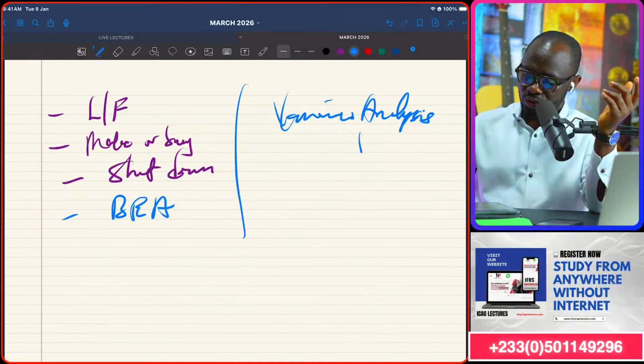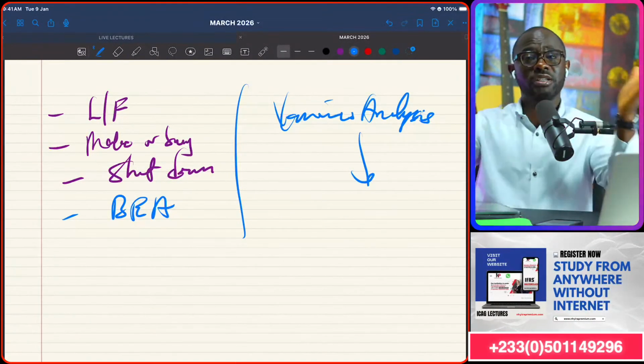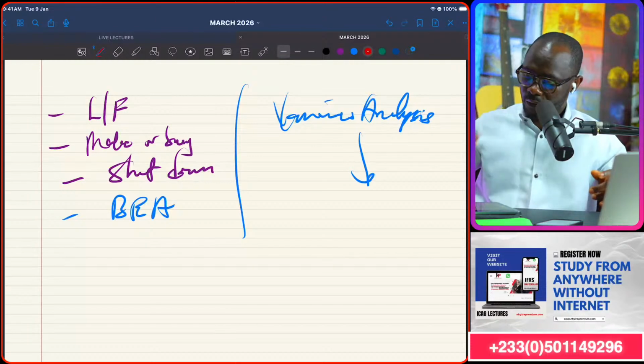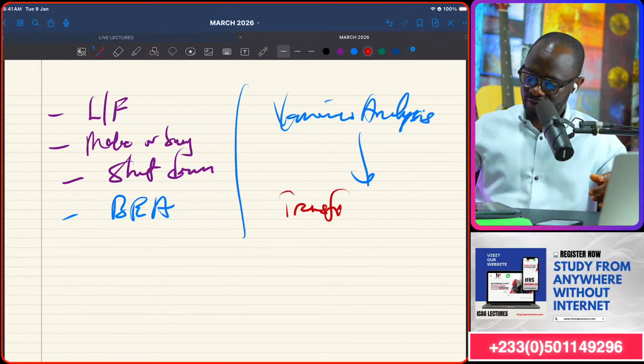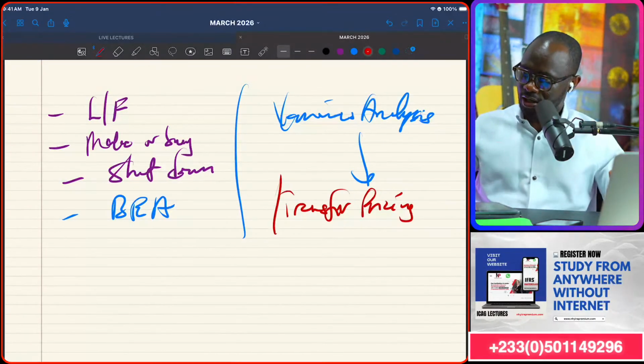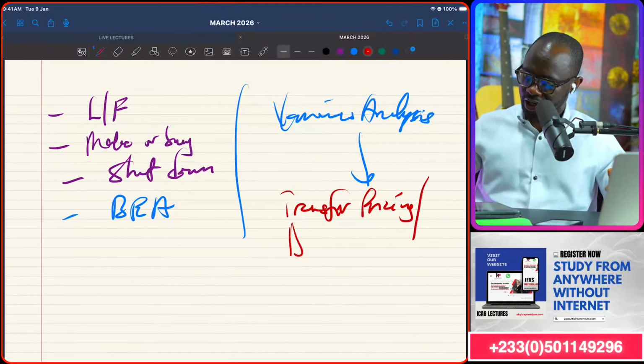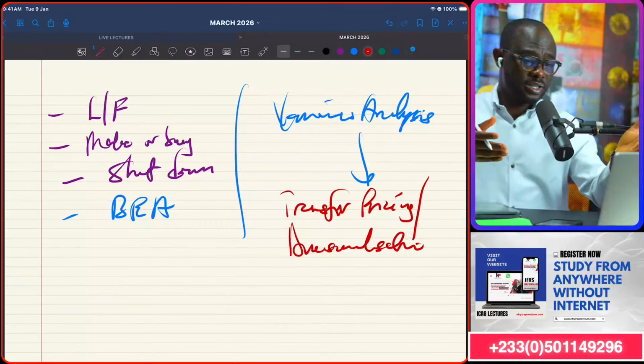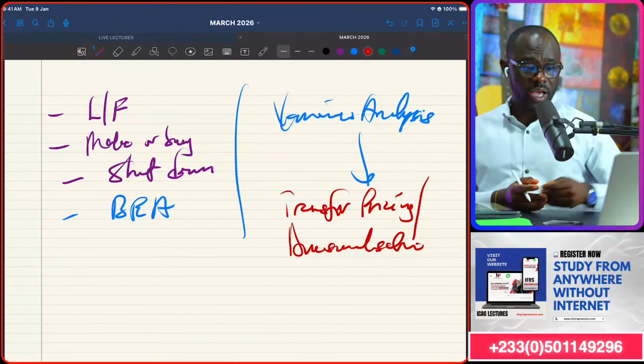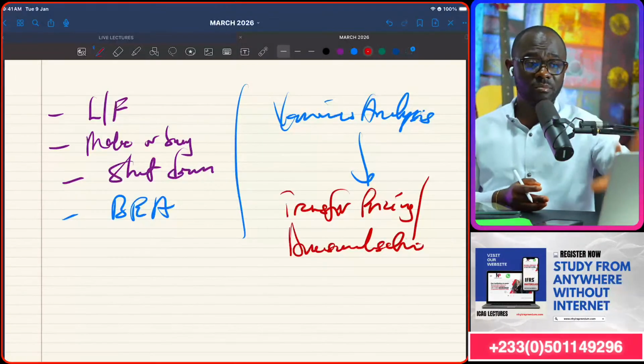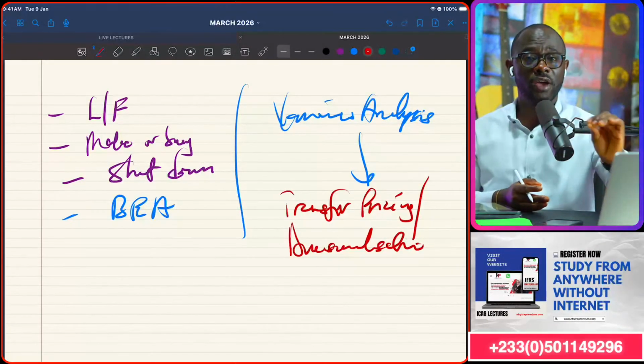Then we go to the issue about performance measurement, especially when we are dealing with transfer pricing. Okay, the concept of divisionalization. When you're dealing with divisionalization, you will be calling on the marginal costing principle. And you should be able to understand the marginal costing principle very well.